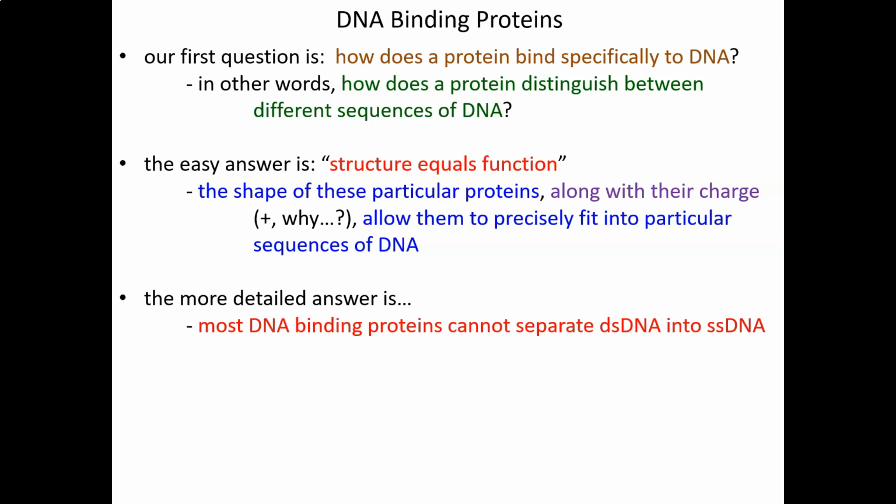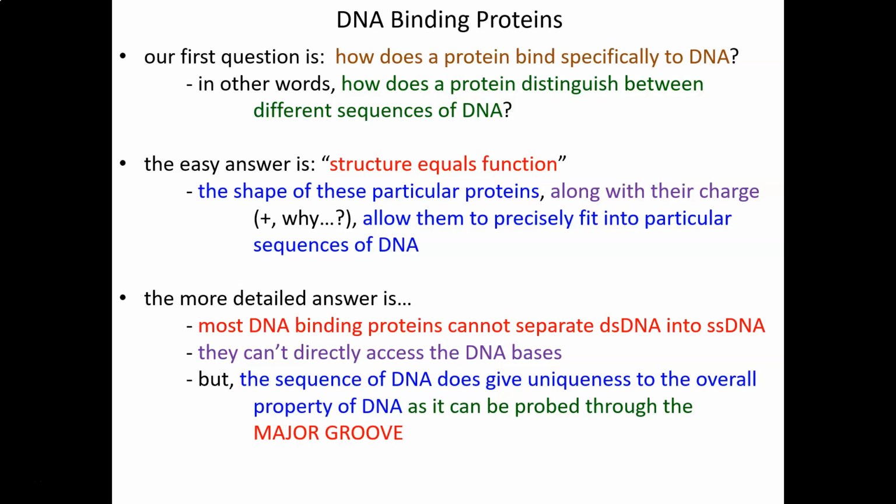The more detailed answer is most DNA binding proteins cannot separate double-stranded DNA into single strands, and so the way that they're accessing DNA bases is through the potential of non-covalent interactions. They're doing it through chemistry.